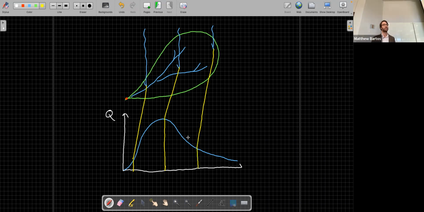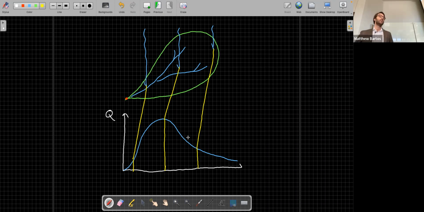This travel time distribution is equivalent to the response that you would get if you hit your watershed with an instantaneous unit impulse of rainfall. Consider that you drop a unit of rainfall uniformly over the watershed, and you allow all those droplets to route to the outlet. That's equivalent to the travel time distribution of your watershed.